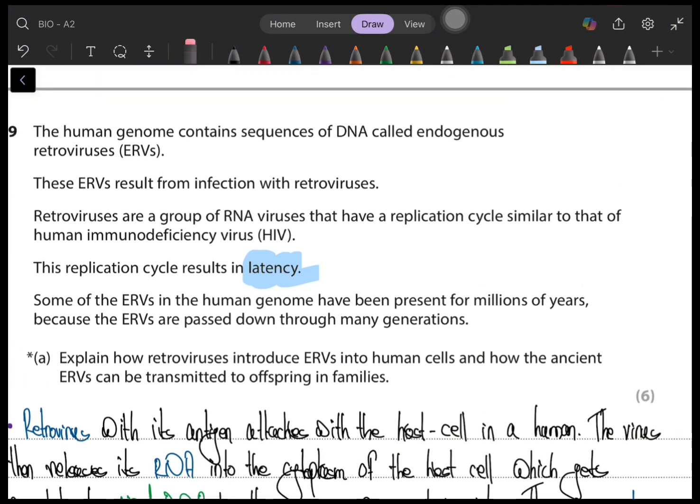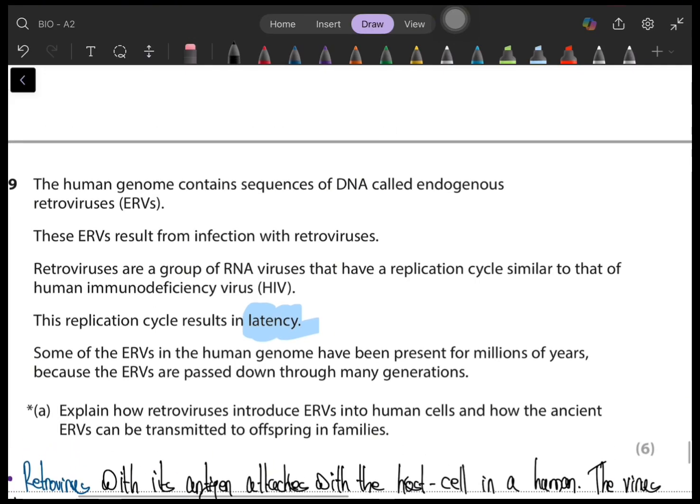Some of the ERVs in human genomes have been present for millions of years because ERVs are passed through many generations. Explain how retroviruses introduce ERVs into human cells and how ancient ERVs can be transmitted to offspring in families. So basically, the answer could be similar to the HIV cycle, right?